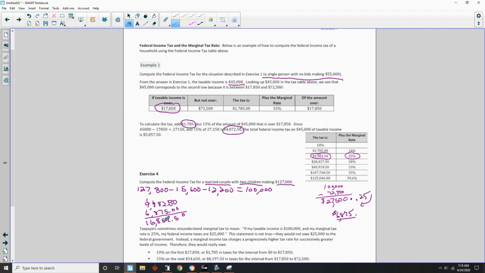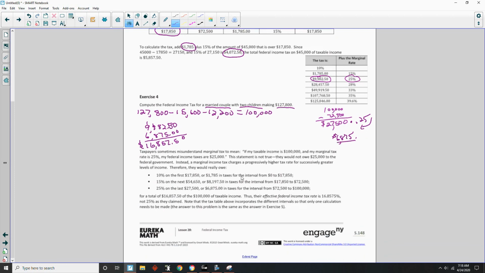So we're going to be paying $16,857.50. Okay, obviously that's without deductions. So that's how we compute how someone pays taxes.